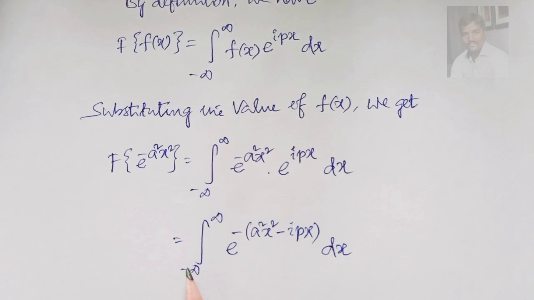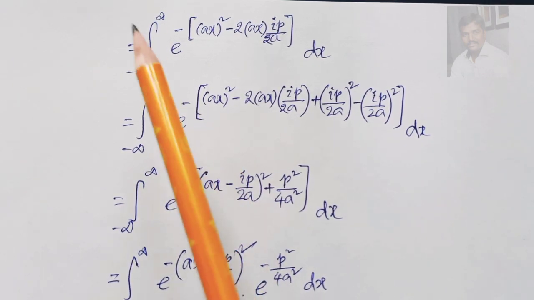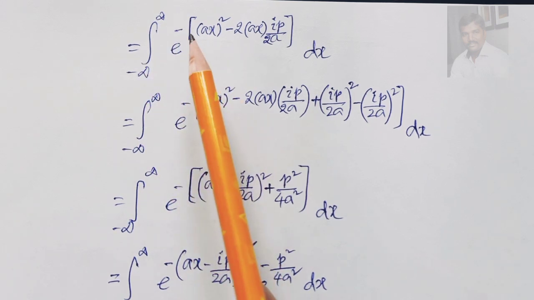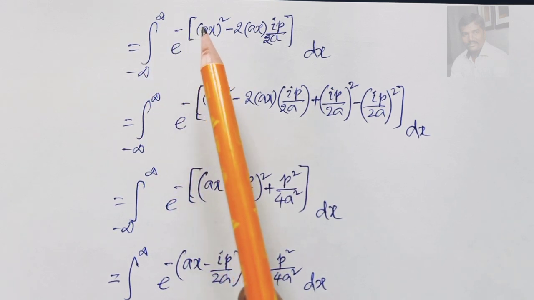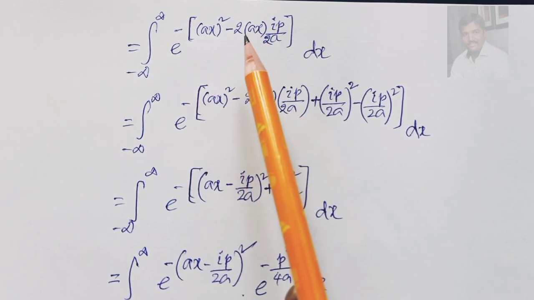Now this can be written as the integral from minus infinity to infinity of e power minus of (a square x square minus ipx) dx, if I take the minus common. Next, I am writing a square x square as (ax) whole square, and minus ipx I am writing as 2 into ax into ip by 2a.